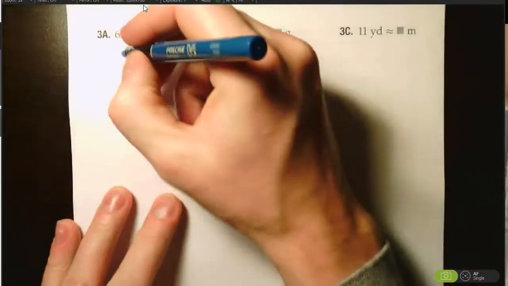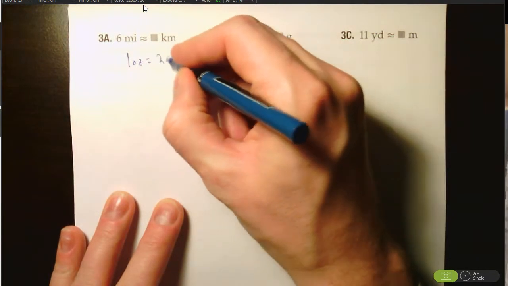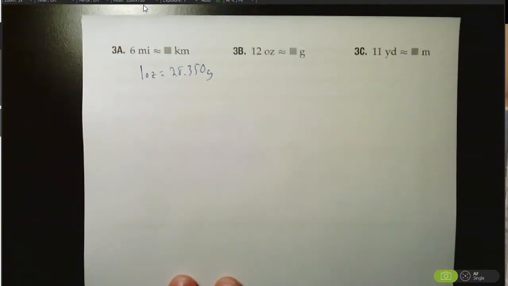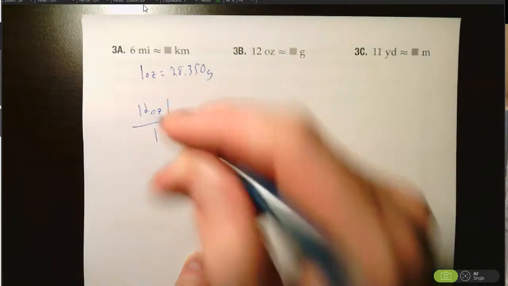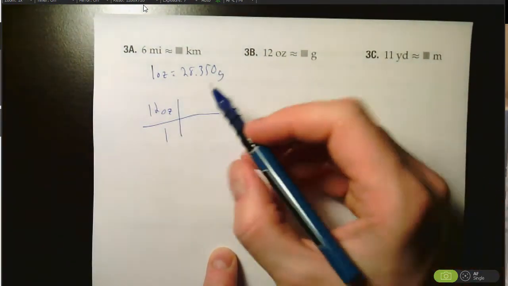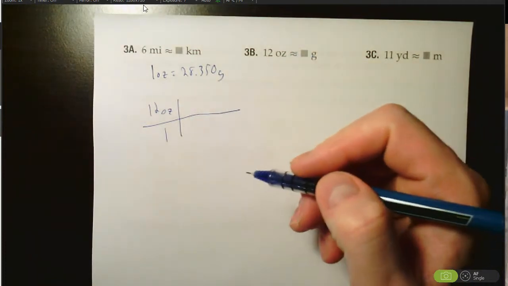So now when I go to set up my conversion, I know it's 12 ounces over 1. Luckily, I do have one that goes directly from ounces to grams, so I'm done now. As soon as I set this up, I'm finished.